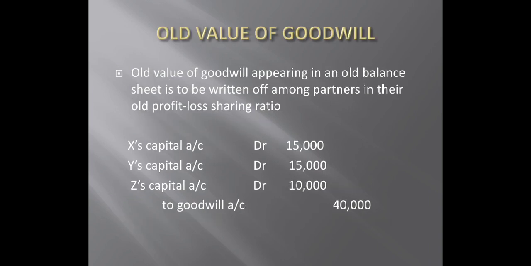Now talking about the old value of goodwill which is given in the balance sheet. I am talking about old balance sheet. If you will see, on asset side it is written goodwill 40,000 rupees. Now, as I have taught you the concept of theory in the previous lecture, the old value of goodwill is to be written off among all the partners in their old profit loss sharing ratio.